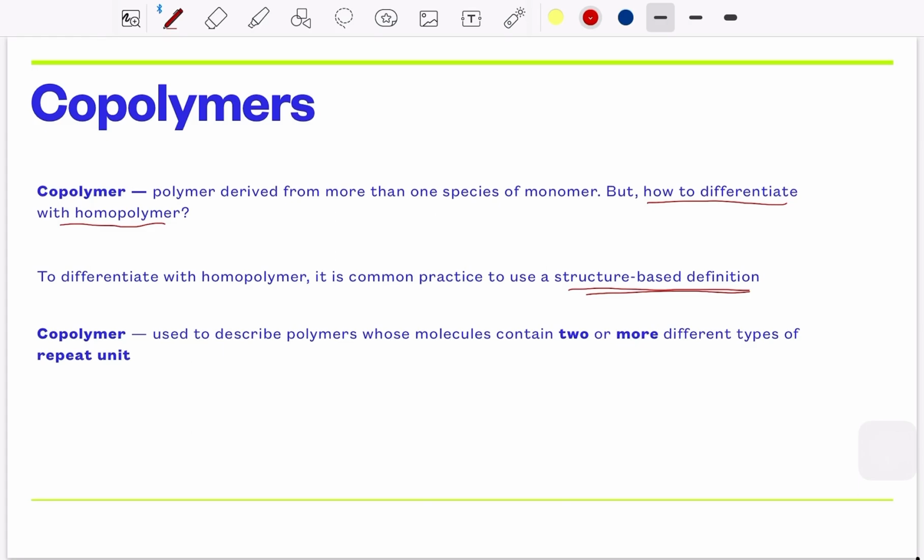If the structure is making a monomer, or maybe two monomers, like one monomer, then we consider that a homopolymer, like the previous one in the table. But here, this will be different. It says describing polymer whose molecule contains two or more different types of repeat units. So we are going to see what structure the copolymer has. What's the difference between the homo and the copolymer?